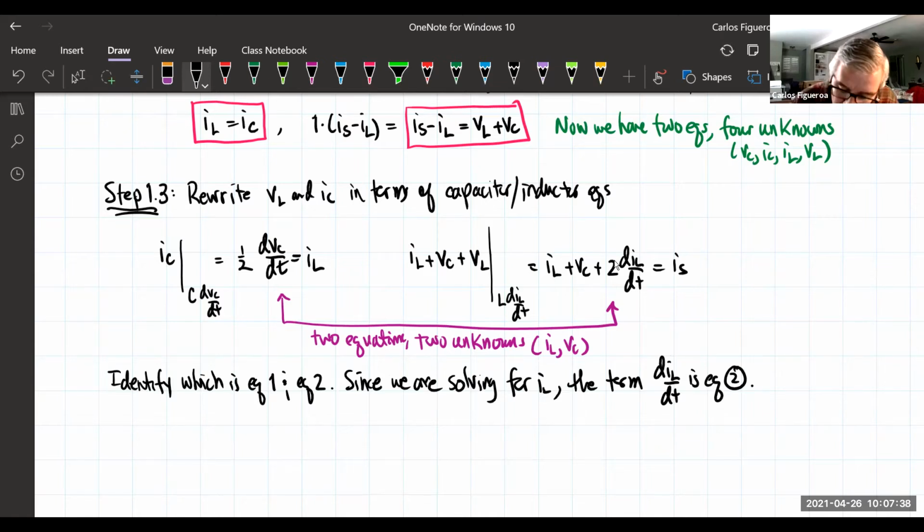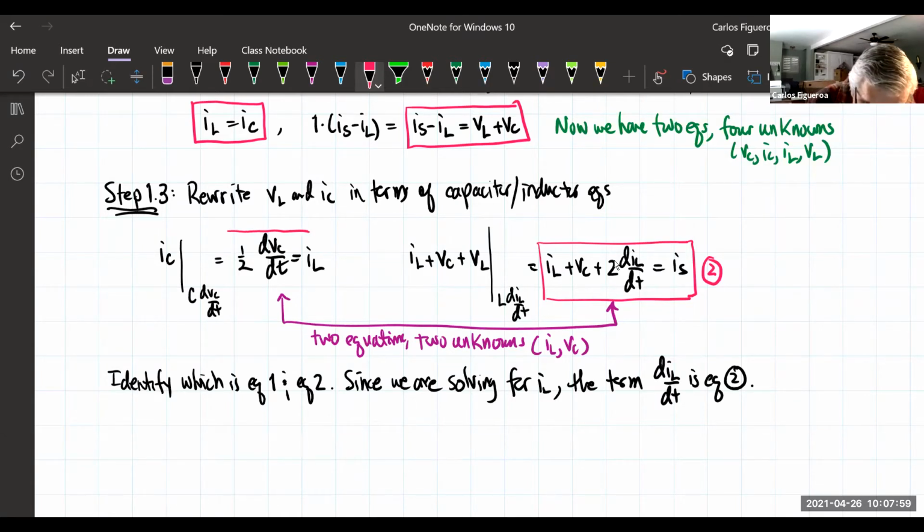So when I come up here and I look here, you could see that this equation over here on the right, this guy here, has the derivative. So this now is equation 2 because it has the inductor derivative here. This guy here is therefore equation 1.